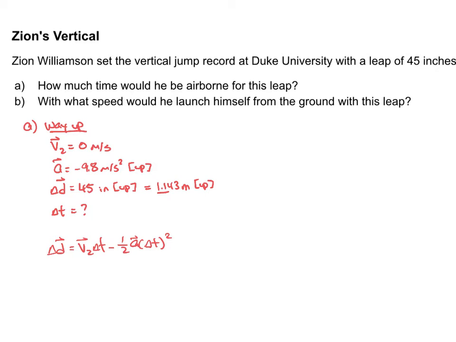And the V2 is 0. So 0 times anything is 0, so I'm going to wipe out this first term here. That kind of goes away. I'll just rewrite the whole thing without that term to make it a little cleaner.